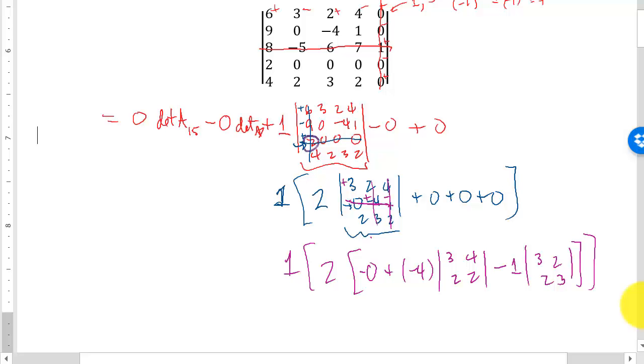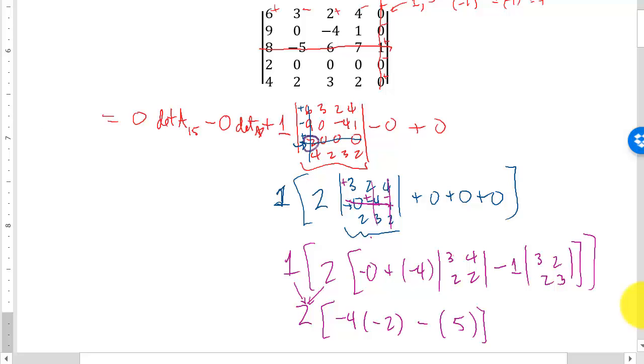So let's kind of wrap everything together here. 1 times 2 is 2, and then we have a negative 4 times, here I have a 6 minus 8. So positive 6 minus 8, and then I have a minus 1 times, I have a 9 minus 4.